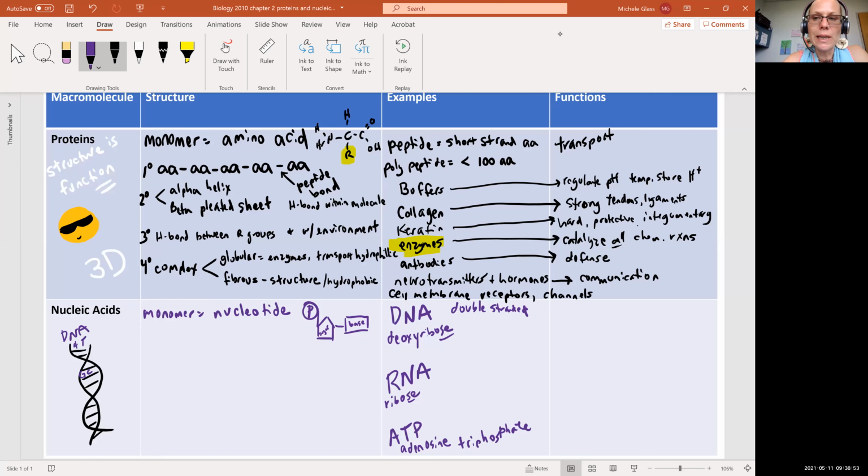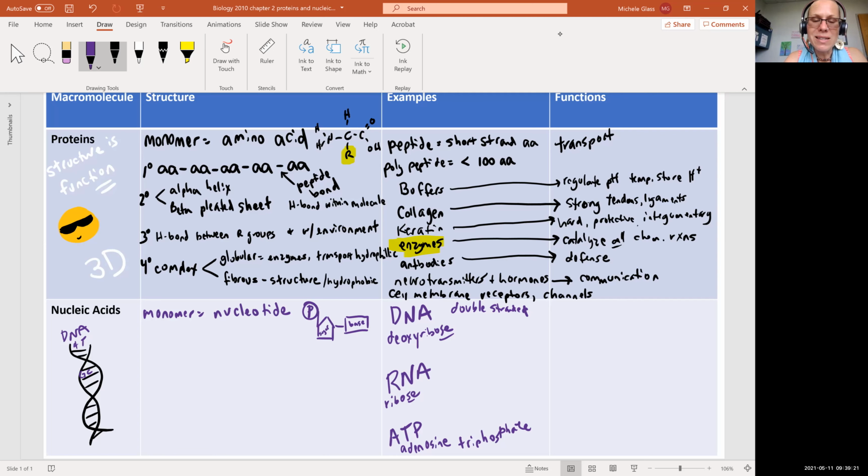So you can imagine, this is classically described as a ladder, right? So the sides of the ladder would be that sugar phosphate backbone. And then the parts of the ladder that you stand on, the rungs of the ladder, would be those nitrogenous bases, hydrogen bonded together. So the hydrogen bond between the adenine and the thymine, or between the cytosine and the guanine.